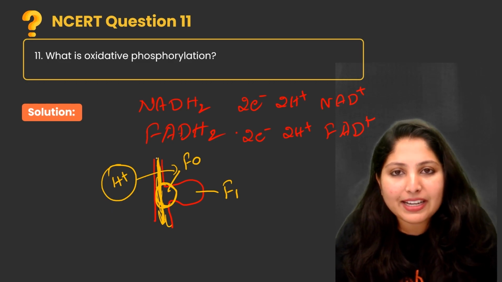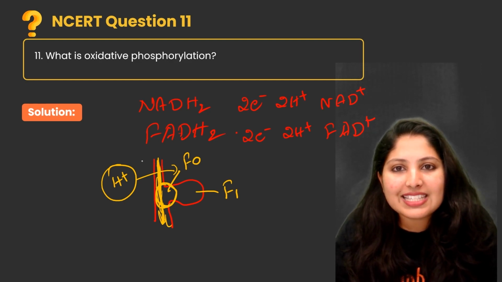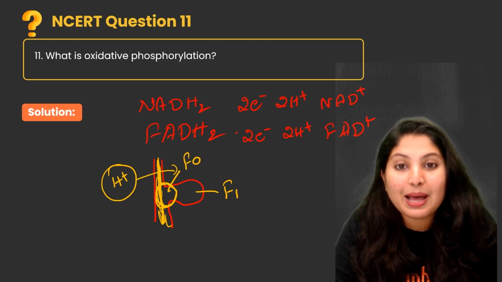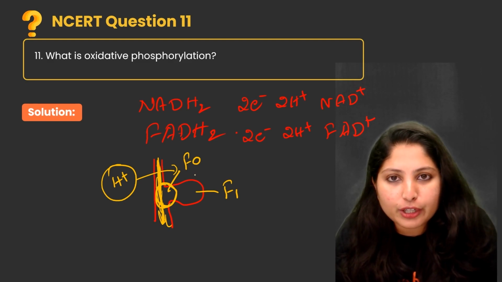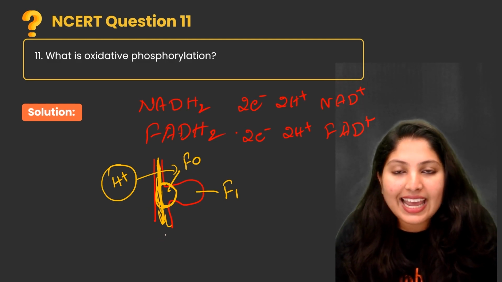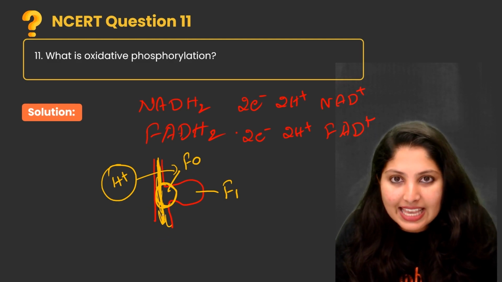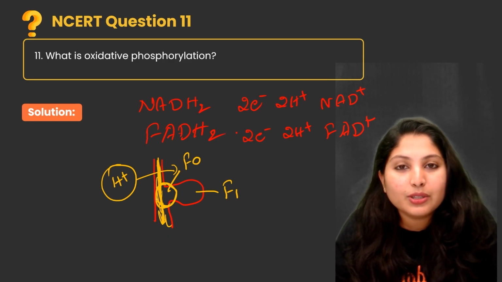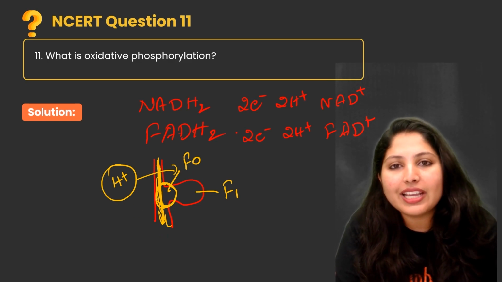The inner mitochondrial membrane. So this is not allowing the proton to enter into the matrix. But this F0 molecule, the complex 5 or ATP synthetase enzyme, allows the proton to enter through it into the matrix.